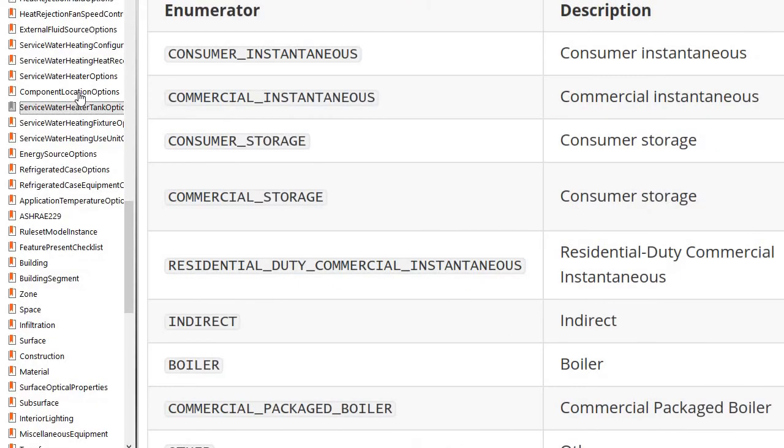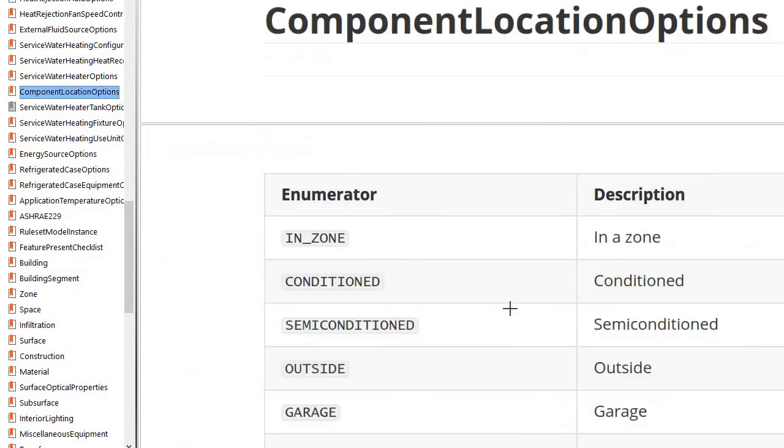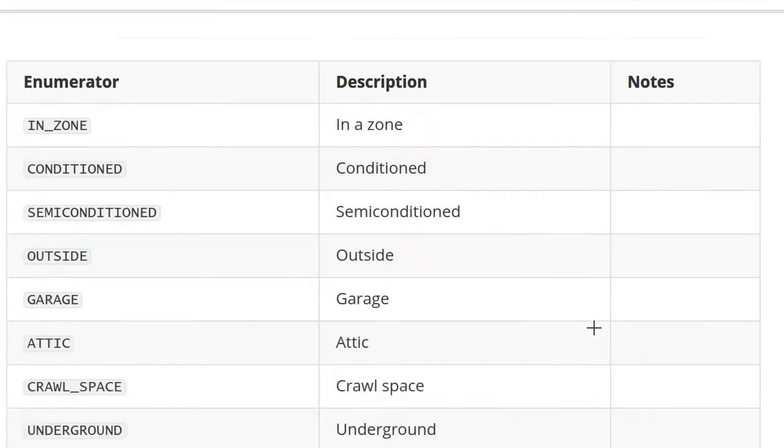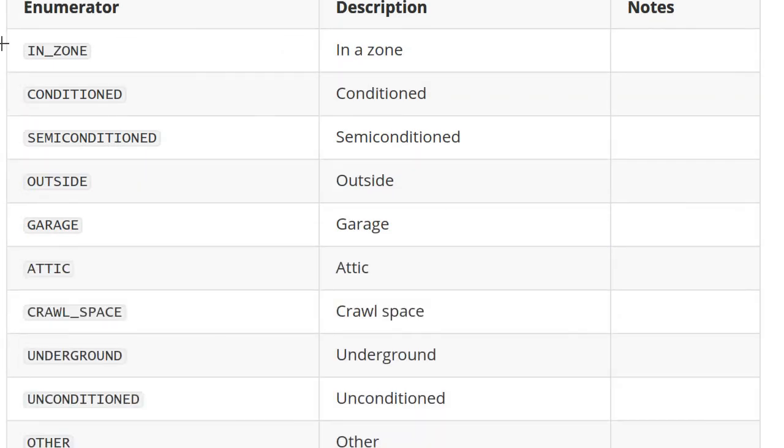And then the component location talks about whether it's in zone. So if that's the one you use or that's selected, then you actually indicate the zone location. But then these others, we've seen these before, but basically they indicate the conditions for the outside of the tank and what losses that'll be experiencing.